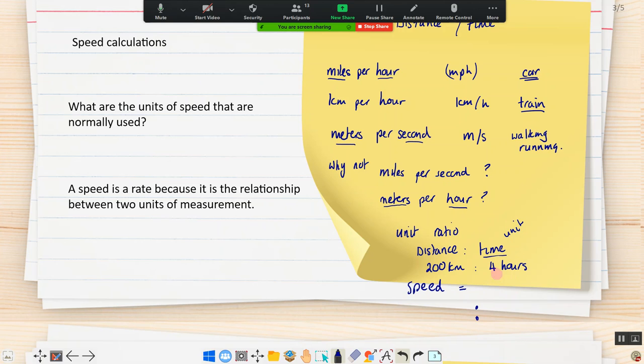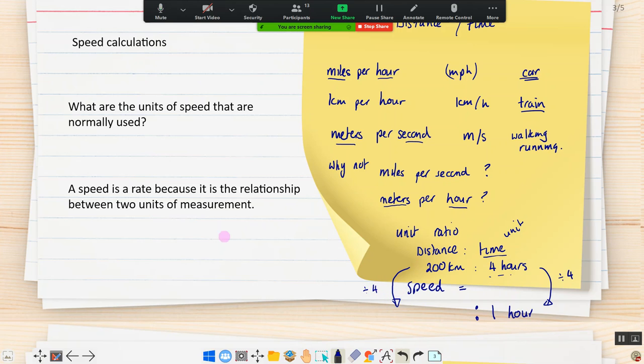But we've got 4 hours and I want a speed to be in 1 hour. So I don't multiply, I actually divide by 4. Because I only want 1 hour. I've done 4 hours, I only want 1. So that means I need to divide the 200 by the 4 as well.